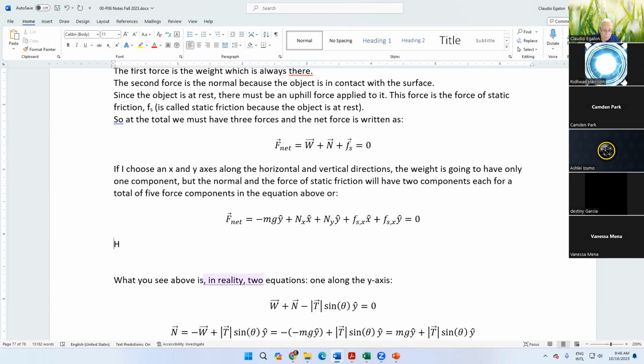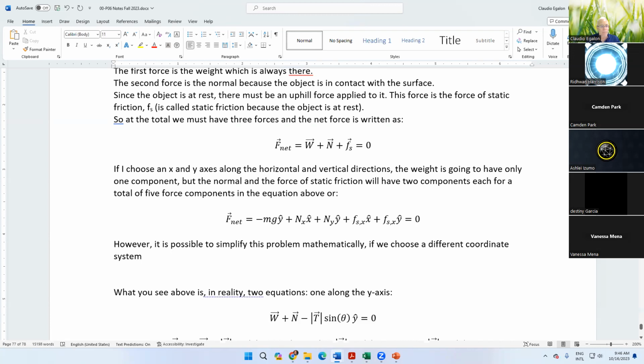However, it is possible to simplify this problem mathematically if we choose a different coordinate system.